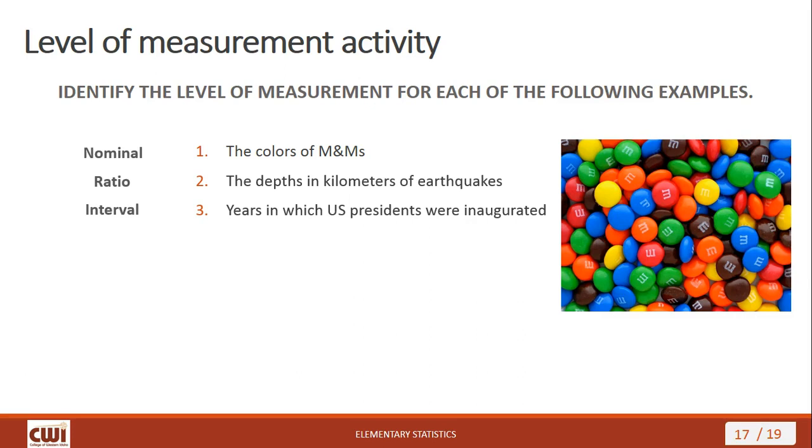I mean, that's the dead giveaway right there. There is an order to it. It's numerical. It's a description of quantitative data, but it's not something that has a natural zero point to it. So that's the tip off there, where years are interval data, interval level of measurement.